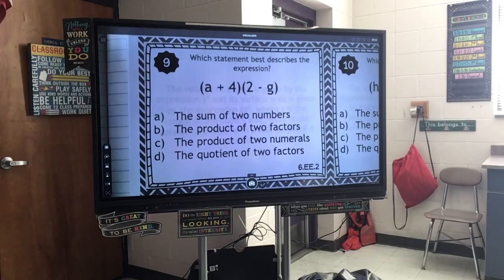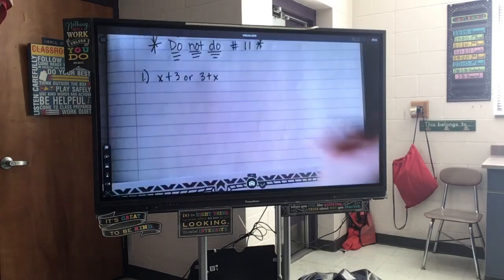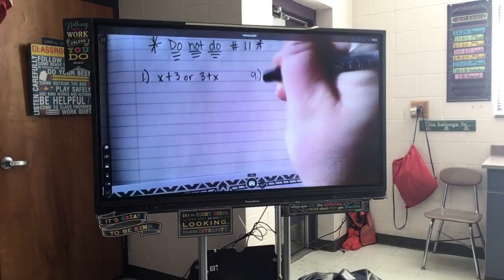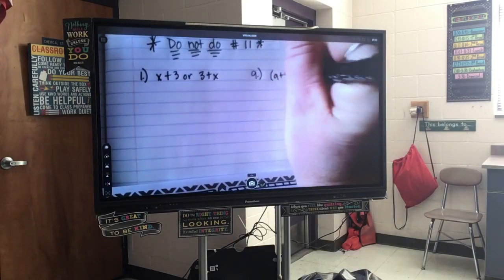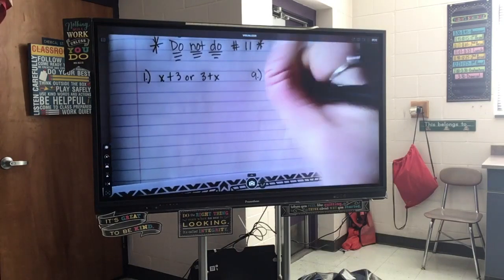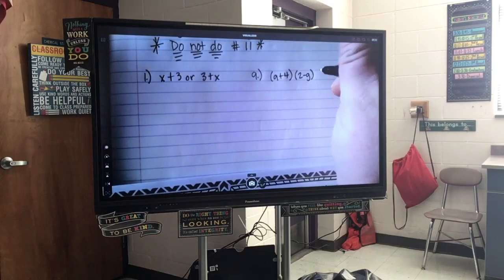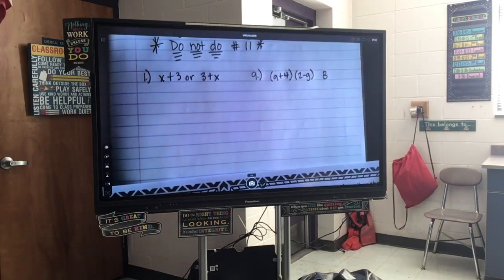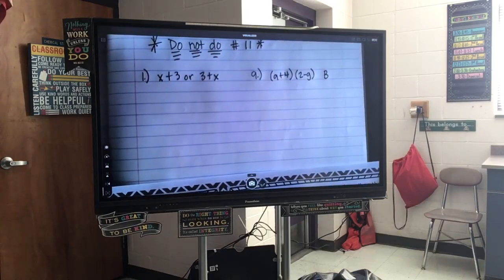So the answer for number 9, and you could just put number 9: you would do A plus 4 times 2 minus G, and the answer would be B. So you still have to write the expression, but then just write the letter of the correct answer.